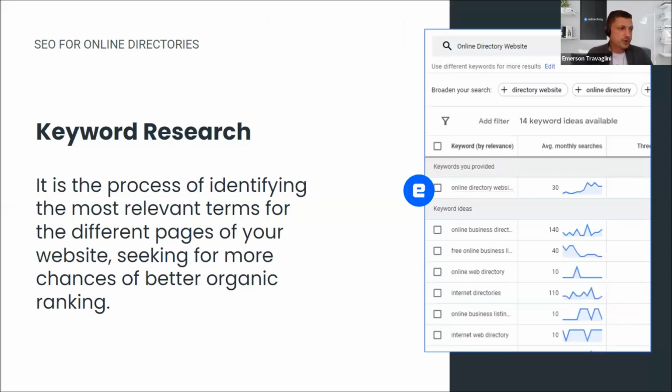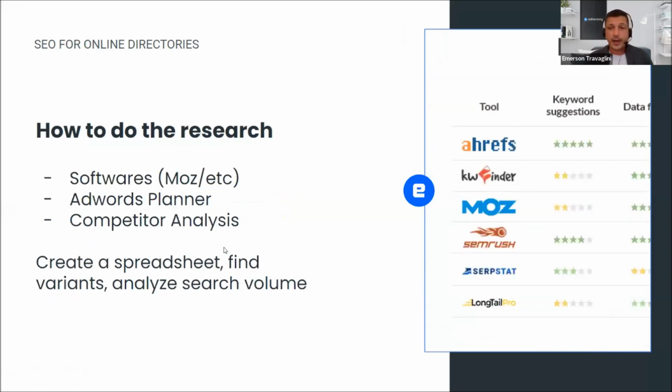But it's the process of identifying the most relevant terms for different pages of your website, of your categories, seeking more chances of better organic ranking. There are a lot of ways to do keyword research based on your competitors, using software like Moz, Ahrefs, SEMrush, Ubersuggest. There are a lot of options available to do this keyword research.